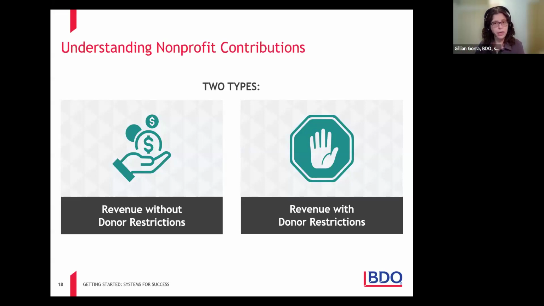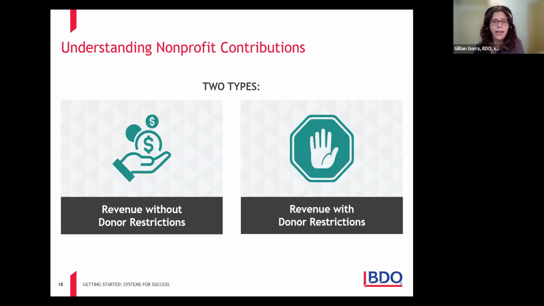Contributed revenue, our donations, can be restricted or unrestricted. A couple of years ago, we changed this language to revenue without donor restriction or revenue with donor restriction. This is a really important concept because if you accept restricted revenue, you're going to have to comply with whatever those restrictions are.